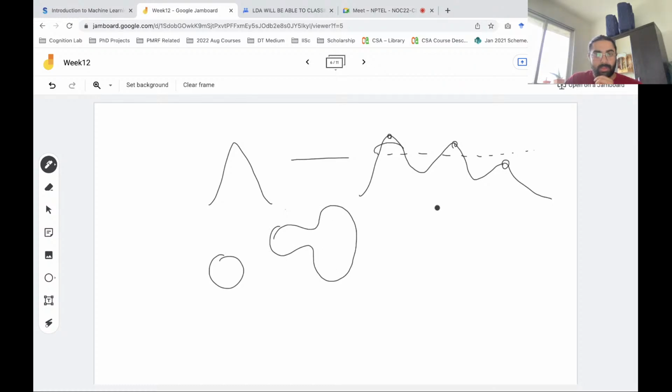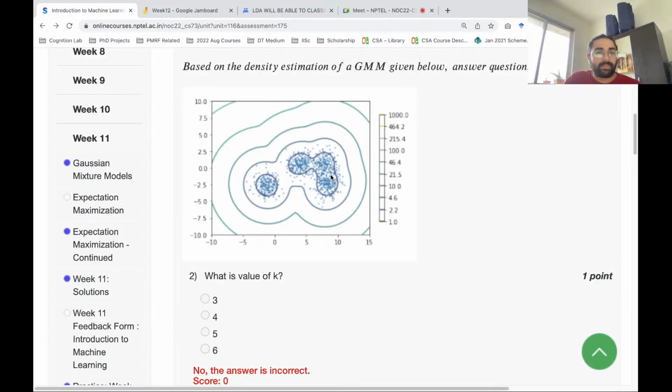Because with a Gaussian distribution, you can have a variance term which elongates it, and it can be an ellipse also. But the point is this smoothness character will be present in that Gaussian distribution. So that is missing here, right? So hence you say that okay, it doesn't seem to be just 3, it seems to be 4.